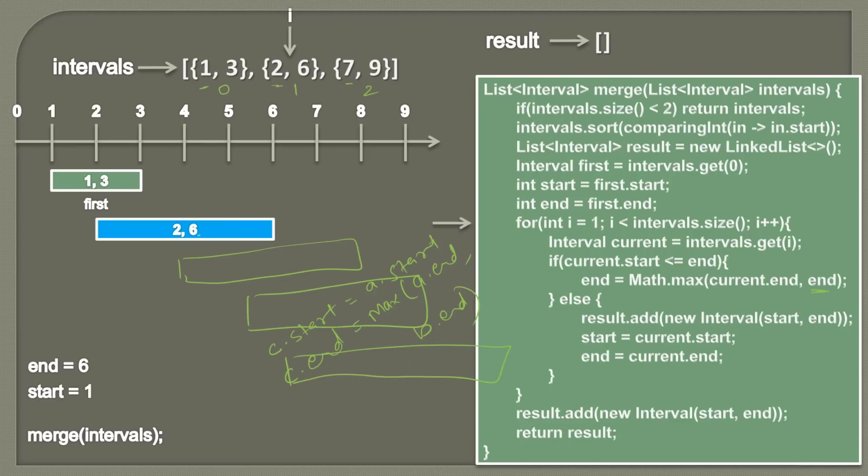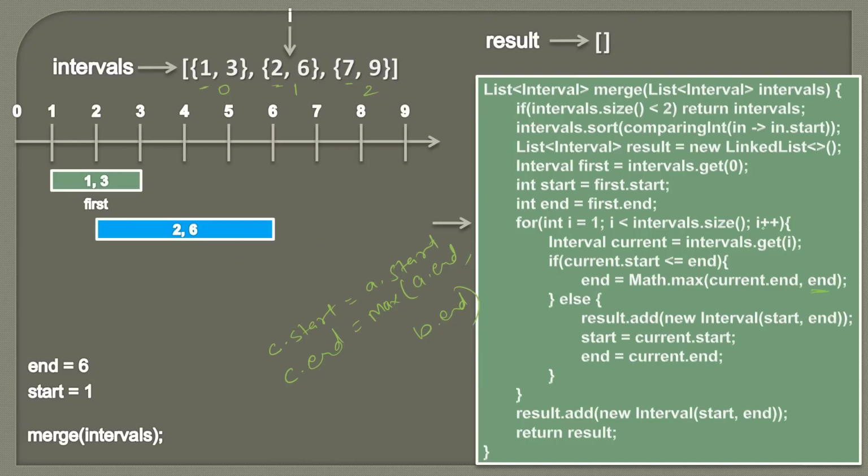So in this case, all these intervals will get merged together. Therefore, only the end will expand as long as the intervals are overlapping, and start will remain the same. So we have created these two variables, which are keeping the state of the previous intervals which are merged or which are yet to be merged.